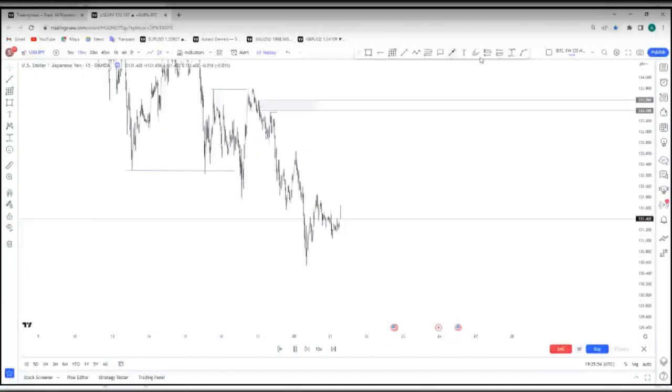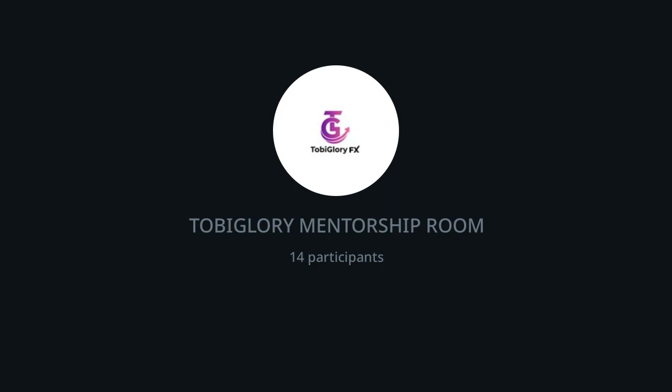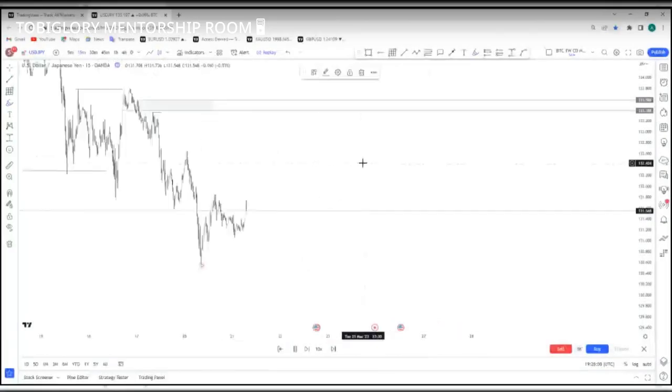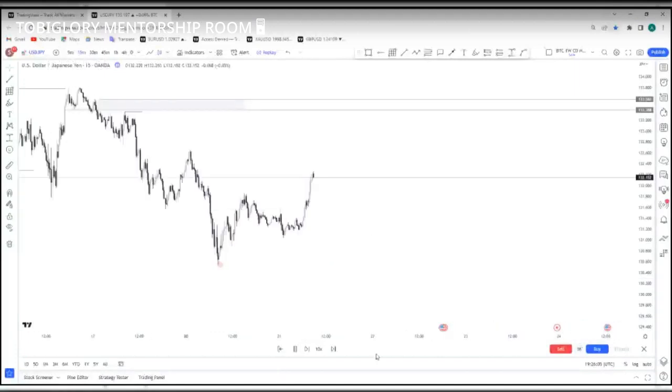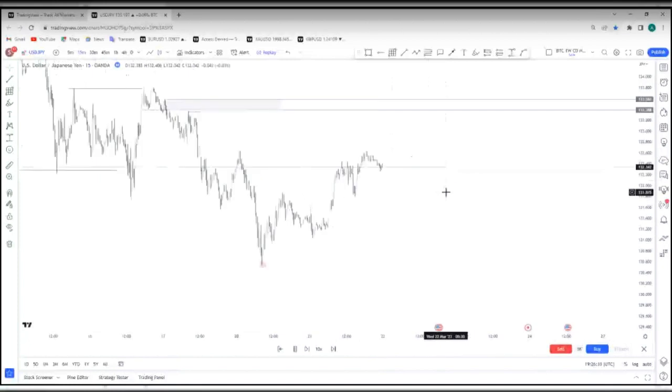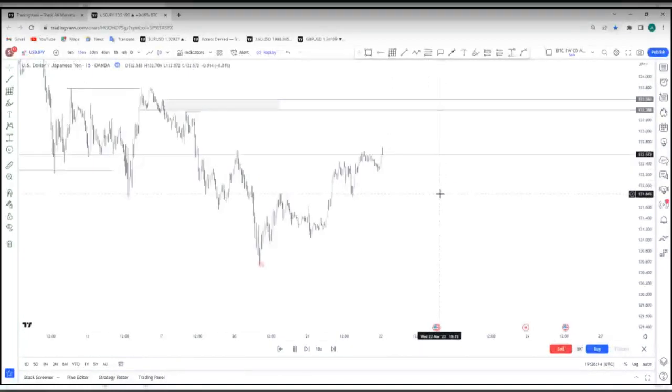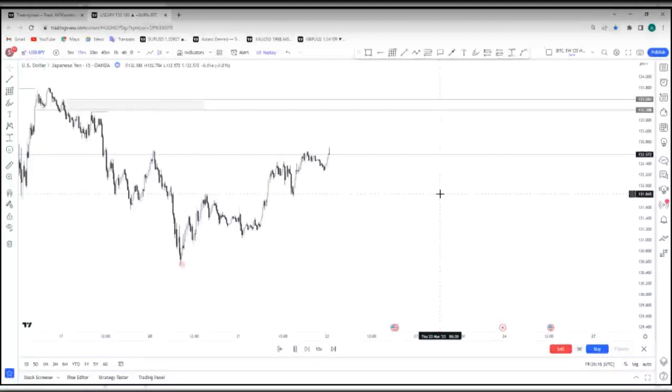This is my range low. I'm here. Network, allow this thing to play now. This is my point of interest that I'll be targeting.